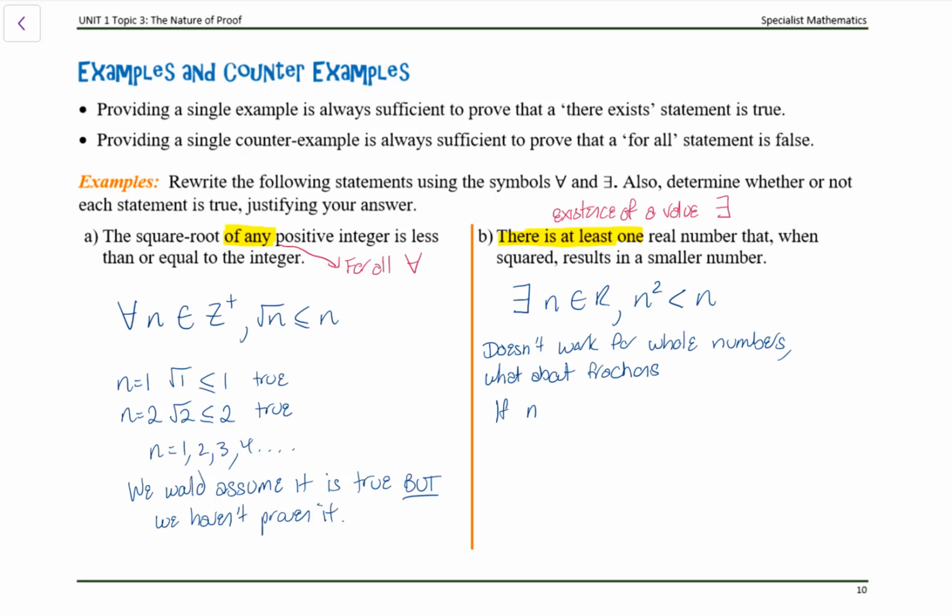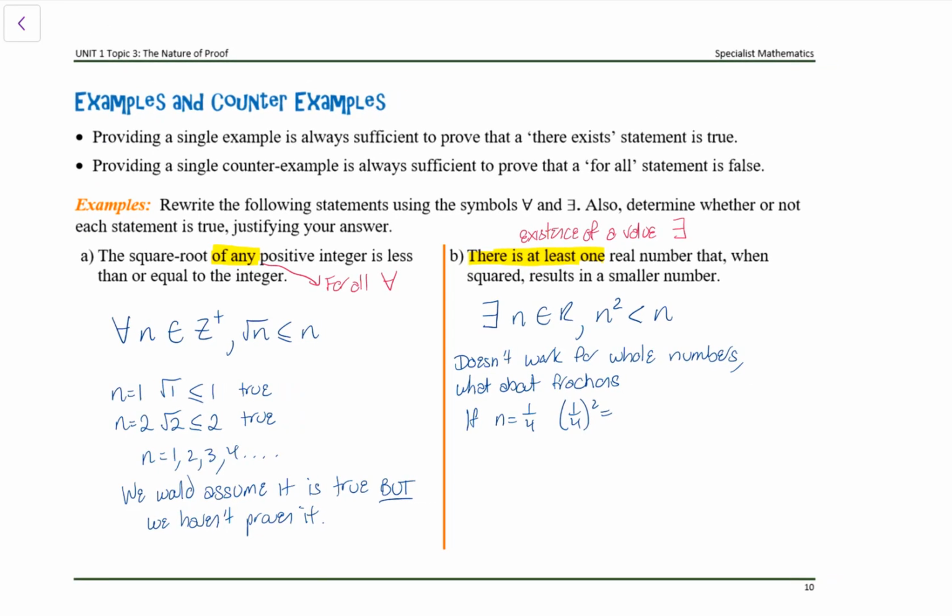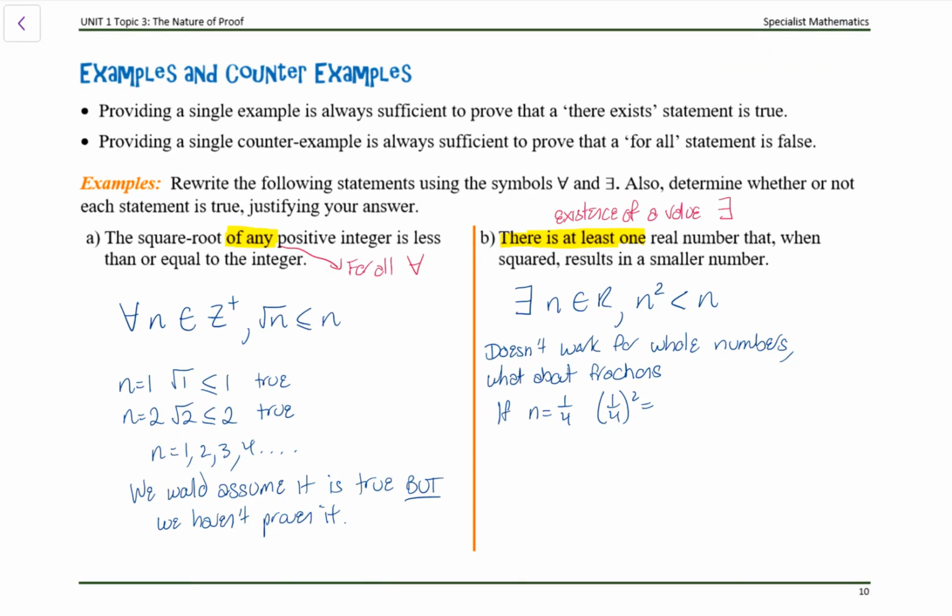So if I say, what if n is a quarter? 1 quarter, all squared, would be 1 over 16. And 1 over 16 is less than a quarter. So that works. So therefore, 1 over 4 all squared is less than 1 quarter. So I've shown the statement's true.